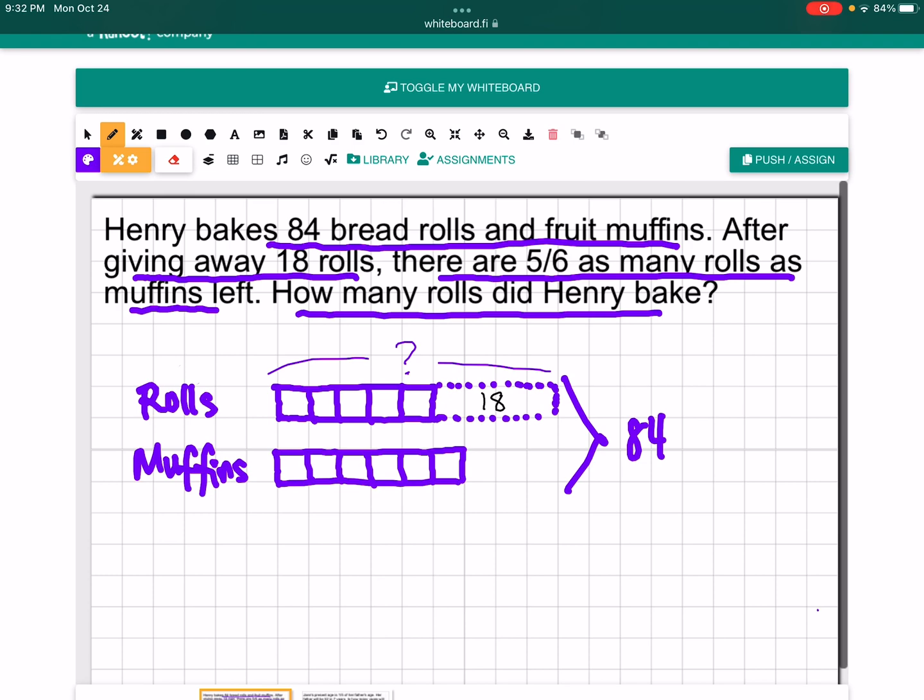We have drawn a picture that shows us exactly what happened, that he started with a certain quantity of rolls, gave away 18, and then now he's left with this relationship that is 5/6, right? The number of rolls as muffins. And so what might we do to get started? We have some numbers on the screen. How might we use them?